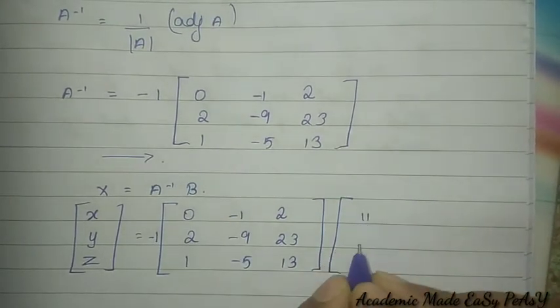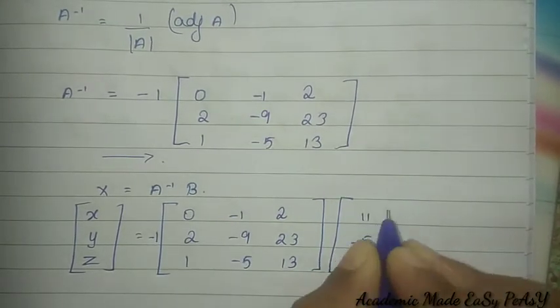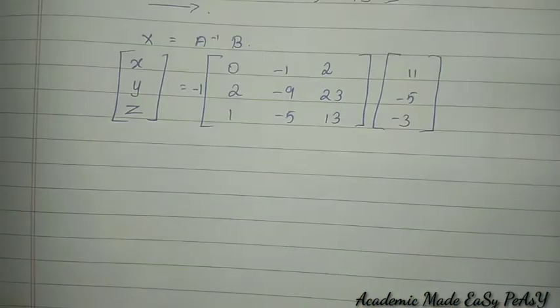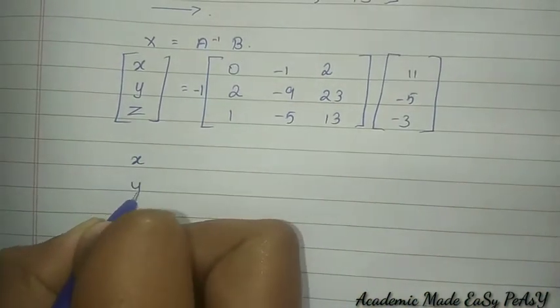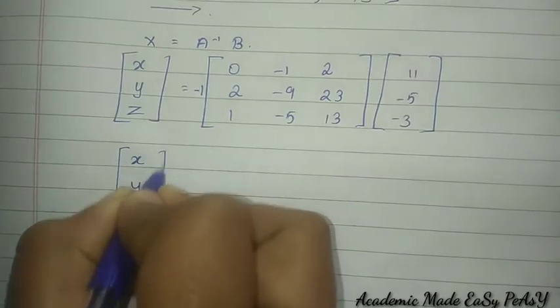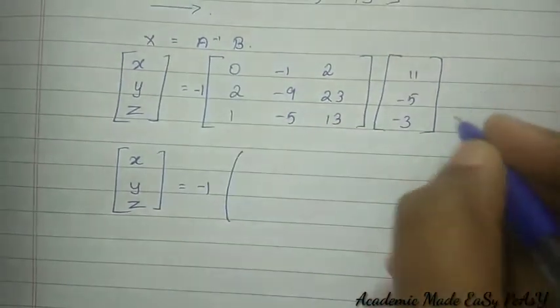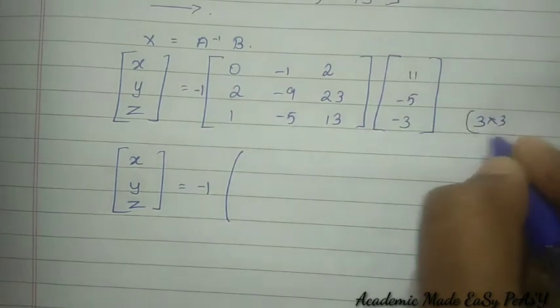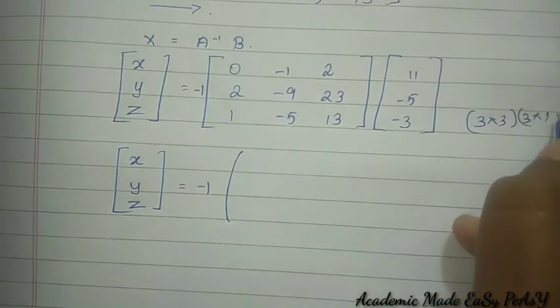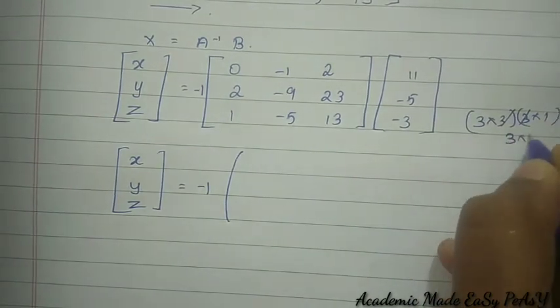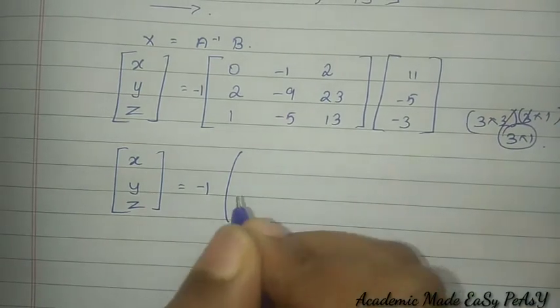B here it is 11, minus 5, minus 3. So now x, y, z is equal to minus 1. I will keep it as it is. And here this is of the order 3 by 3 and 3 by 1. So cancelling these two, 3 by 1 is the final order.